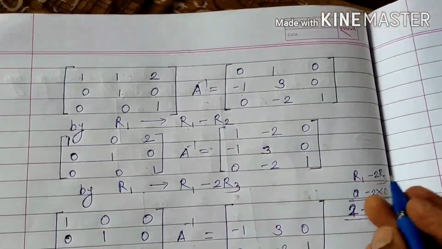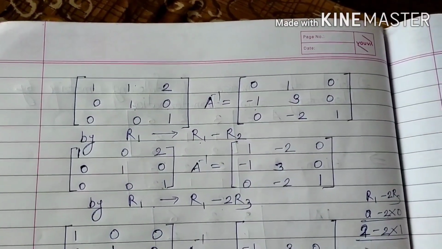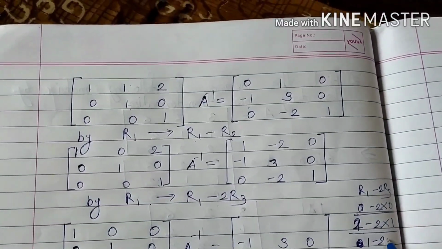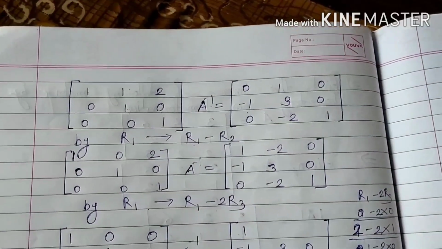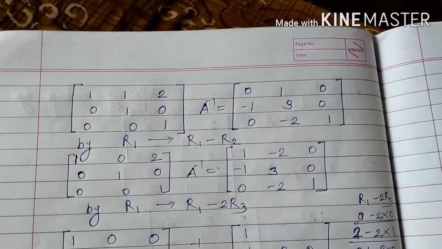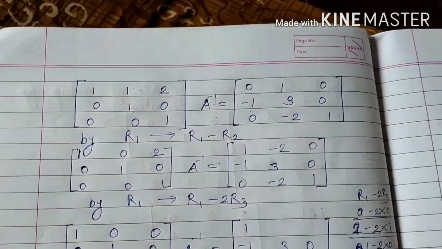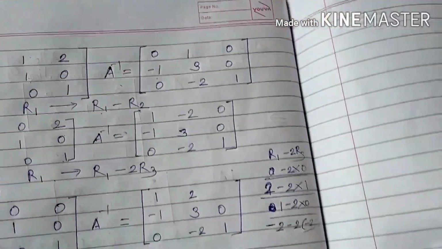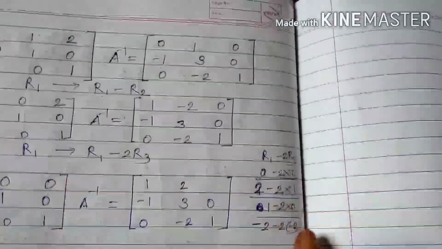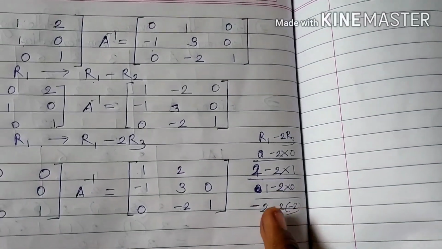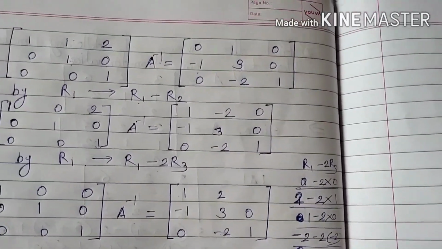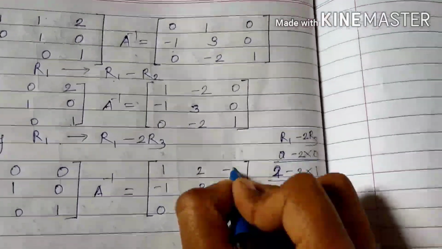Next, 1 minus 2 into 0, so it will become 1. Minus 2 minus 2 into minus 2 is plus 4, so 2. And last, 0 minus 2 into 1 is minus 2.